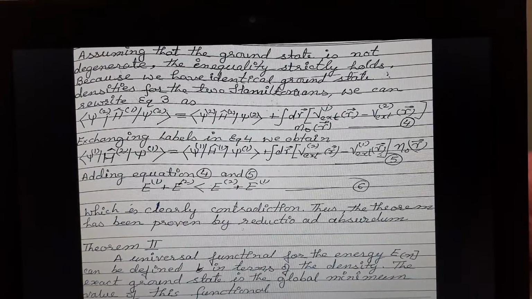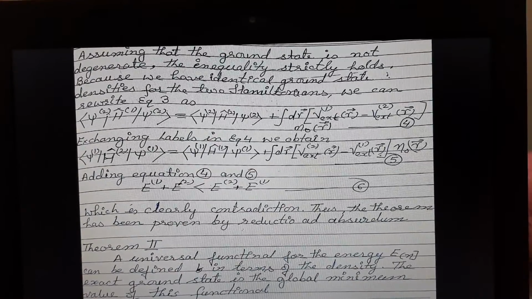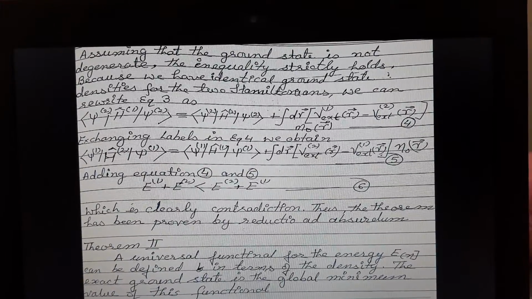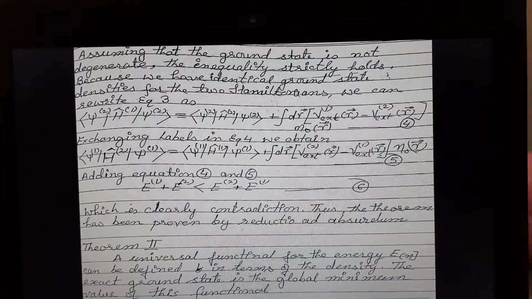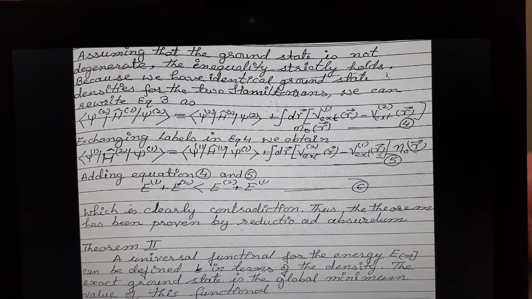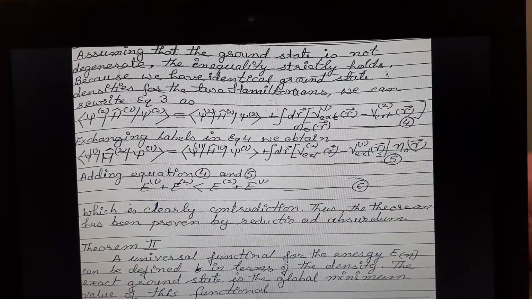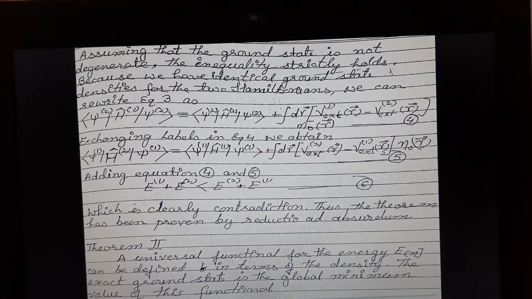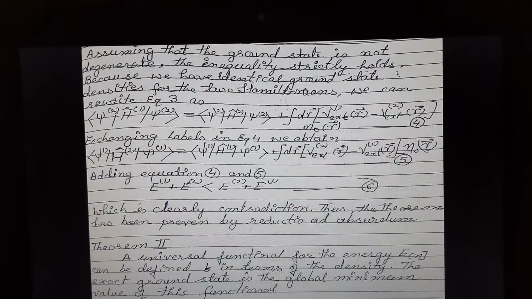Equation number 5. Adding equation 4 and 5, we get E1 plus E2 is less than E2 plus E1, which is clearly a contradiction.